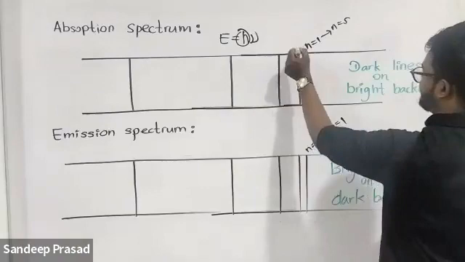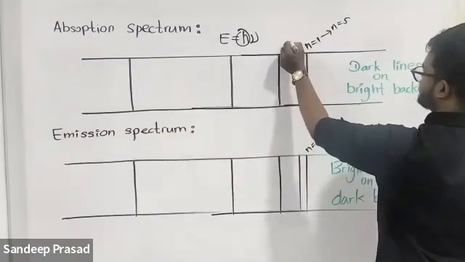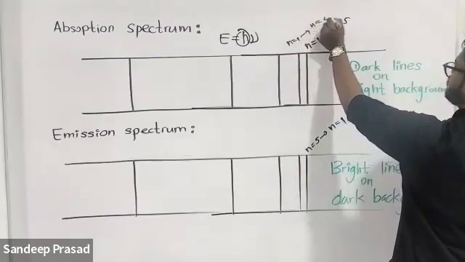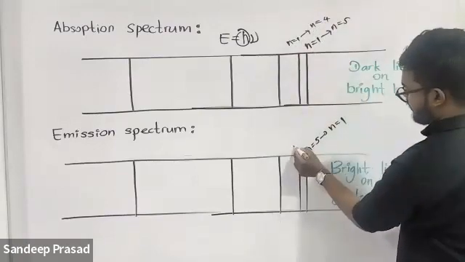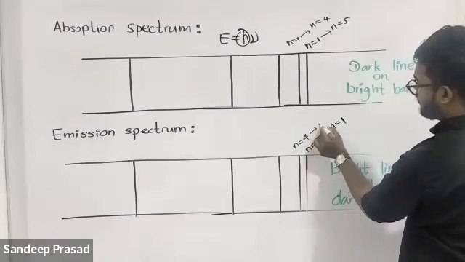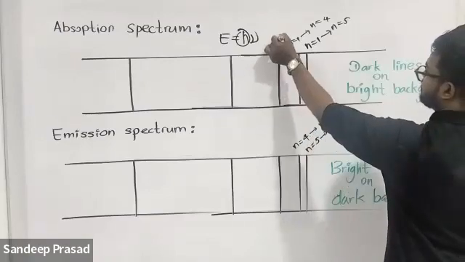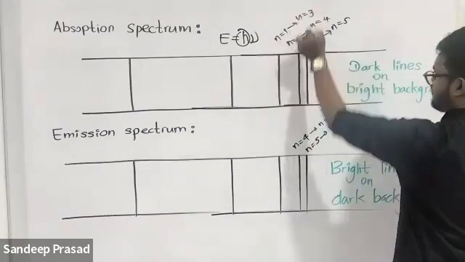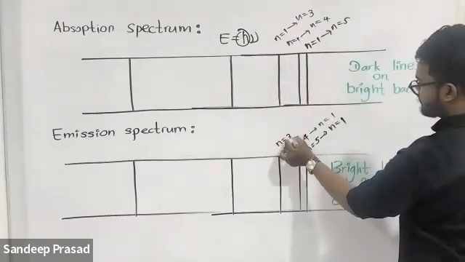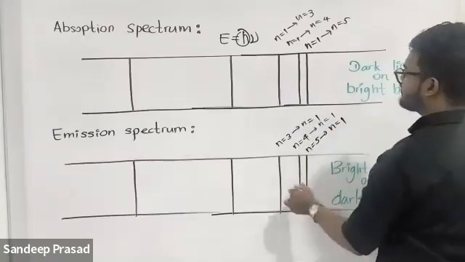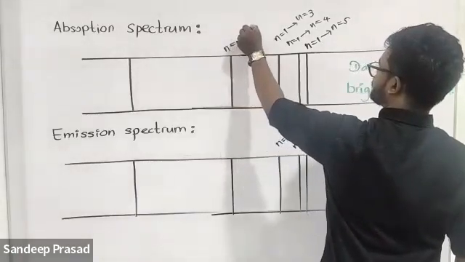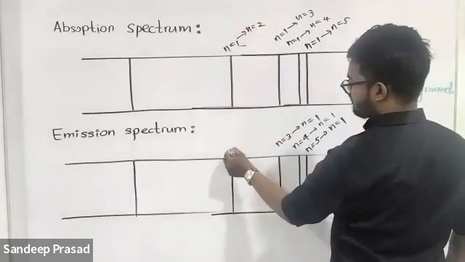So this second one, we can write down, is n equal 1 to n equal 4, and n equal 4 to n equal 1. And this third one is n equal 1 to n equal 3, n equal 3 to n equal 1, same energy. This is n equal 1 to 2.